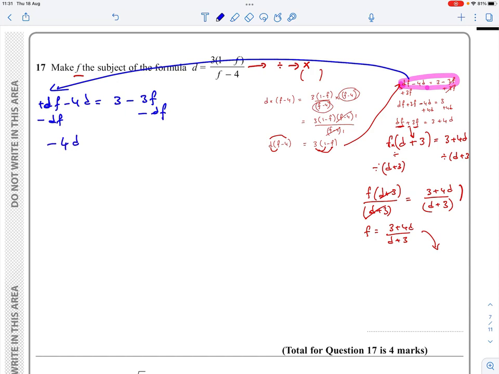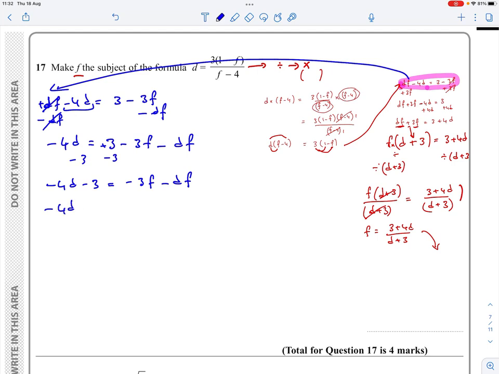You end up with minus 4d, remember, this and this will cancel, equals 3 minus 3f minus df. You can send the 3 to the other side, so this is a plus 3 here, so minus 3 on both sides. You're going to get minus 4d minus 3 equals minus 3f minus df.